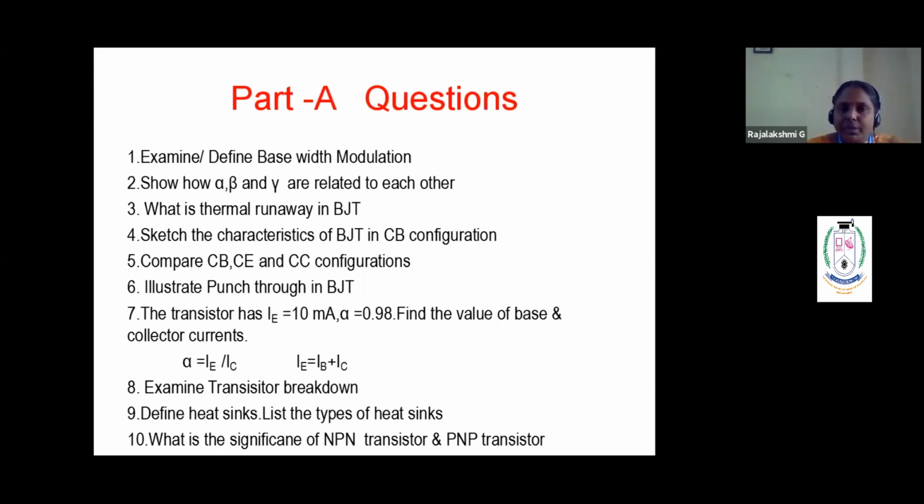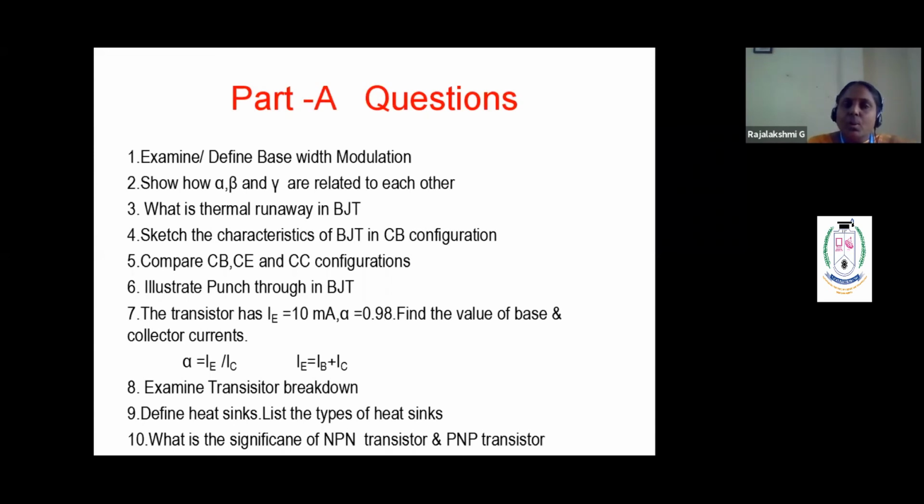When you are giving the input and output, that is biasing, what will happen? When you increase the reverse bias voltage, the width of the base decreases. The depletion layer penetrates into the base. That is called base width modulation. Here you can also add one more question: what is the early effect? So please take care of these two concepts.